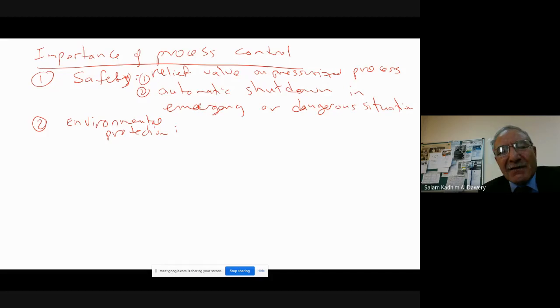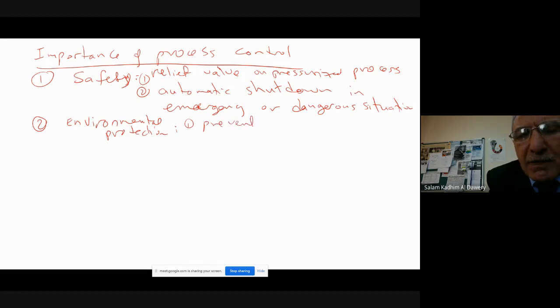So your floor, and maybe the people who work there, get affected. So the first thing is to prevent liquid or equipment from overflow.